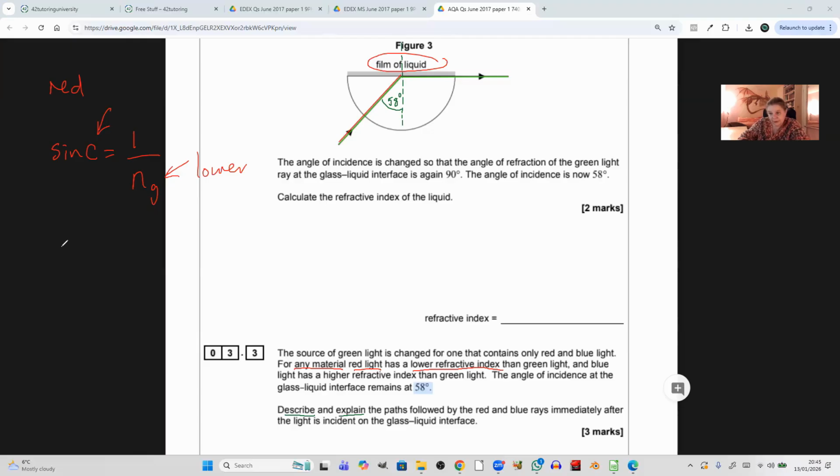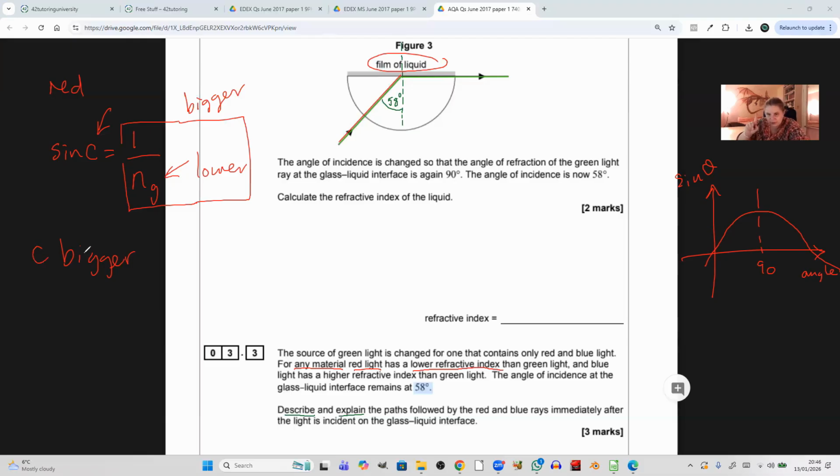I'll put you out of your misery, it's bigger. The reason is that between 0 and 90 degrees, theta goes up as sine theta goes up, or vice versa. If this number on the bottom is smaller, then this whole thing gets bigger, which means that sine C gets bigger, which means that C gets bigger. So my critical angle is bigger.